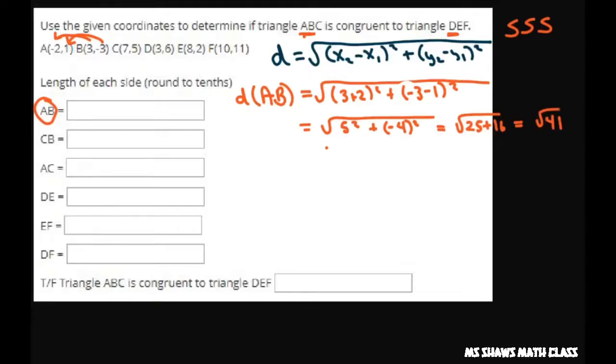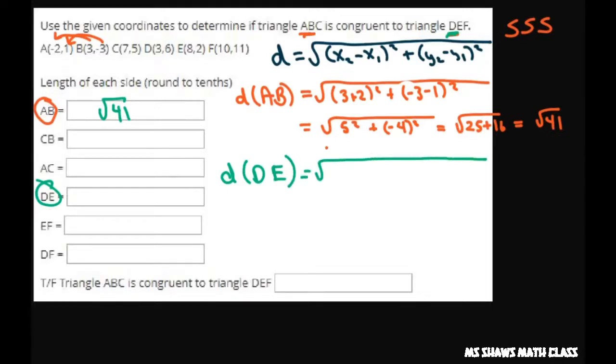So we have to do that also with DE. So we're going to do DE now. So the distance of DE, this is square root of 41. So DE has to be the same. So we're going to take the square root, and we're doing DE. So we're going this way.